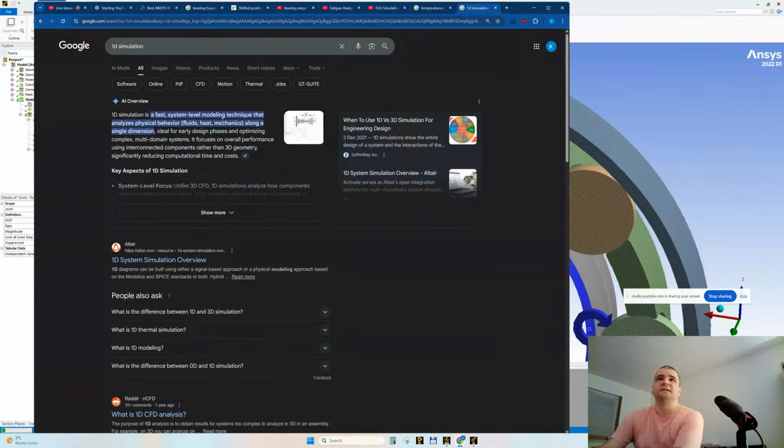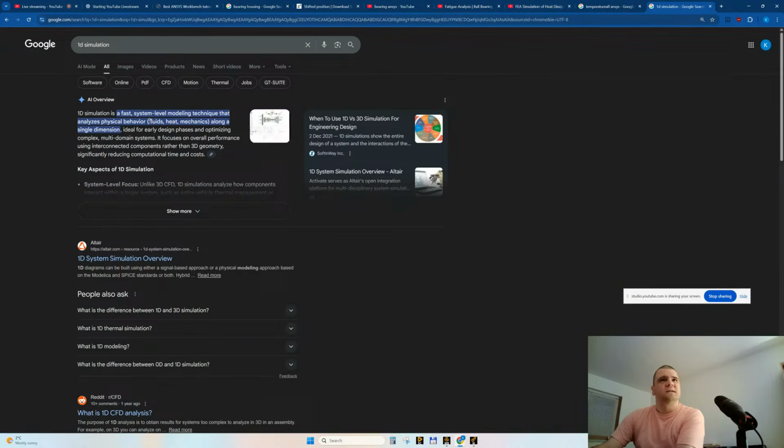It is a fast system level modeling technique that analyzes physical behavior, fluids, heat, mechanics. You understand? So it does not go in depth. You don't make a CFD, you don't make a thermal, you don't make a static structure simulation, but they are idealized, they are simplified.